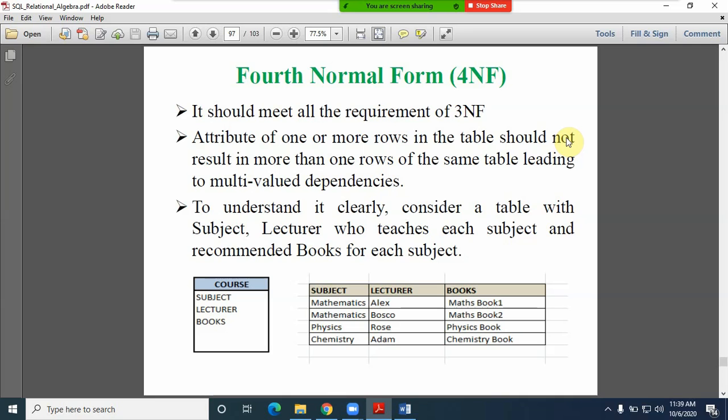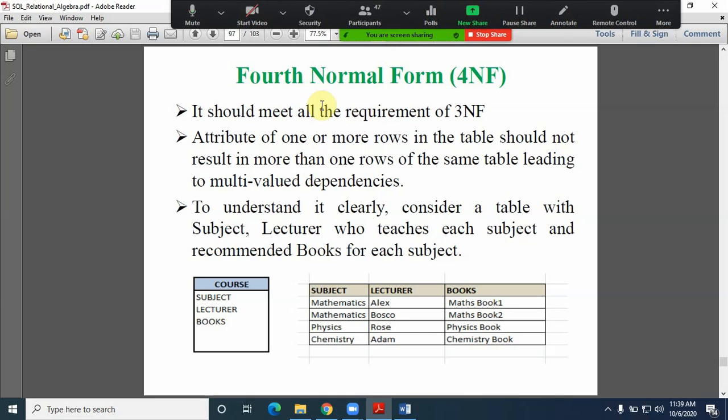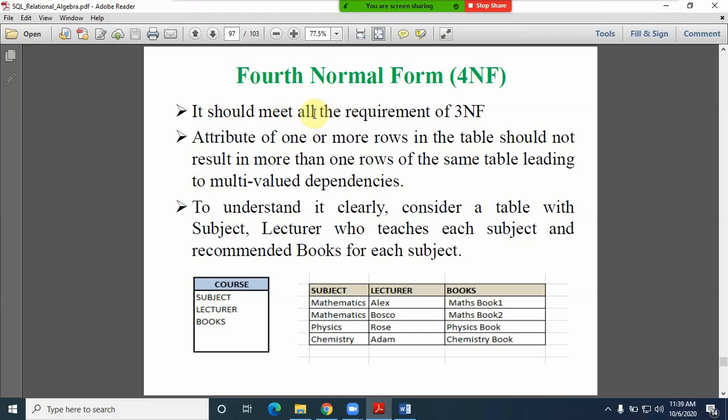We know that because for the nth normal form, the relation must also satisfy the (n minus 1)th normal form. So for the fourth normal form we are discussing, first the relation must satisfy 3NF. It should satisfy the third normal form.